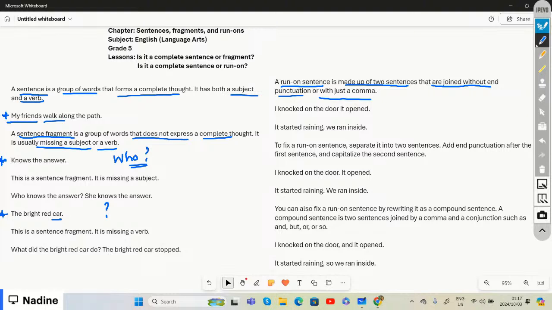All right. If we look at an example of a run on sentence, it is made up of two sentences that are joined without a punctuation or just a comma. We're going to show you now how we can identify these two sentences and how we can separate them.